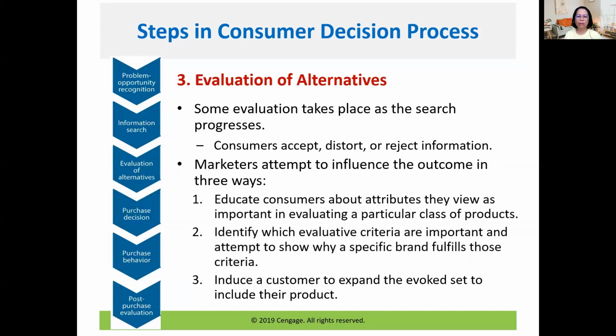Marketers attempt to influence the outcome in three ways. They may educate consumers about attributes or qualities they view as important in evaluating a particular class of products. Next, they may identify which evaluative criteria are important and attempt to show why a specific brand fulfills those criteria. Then they may induce a customer to expand the evoked set to include their product.